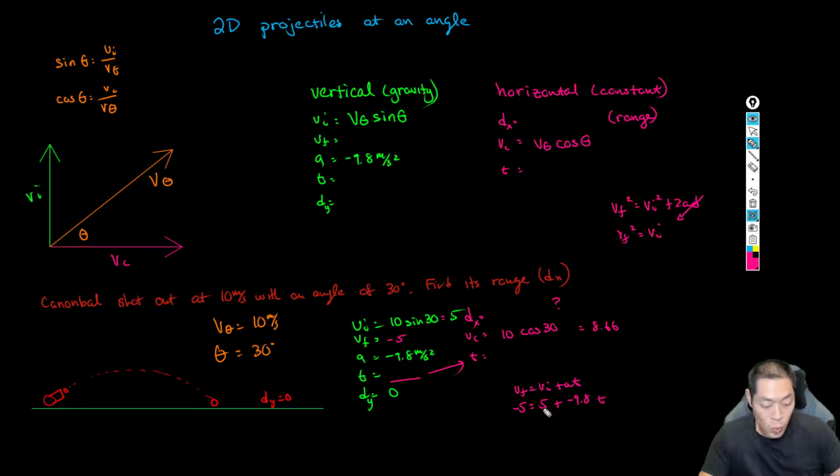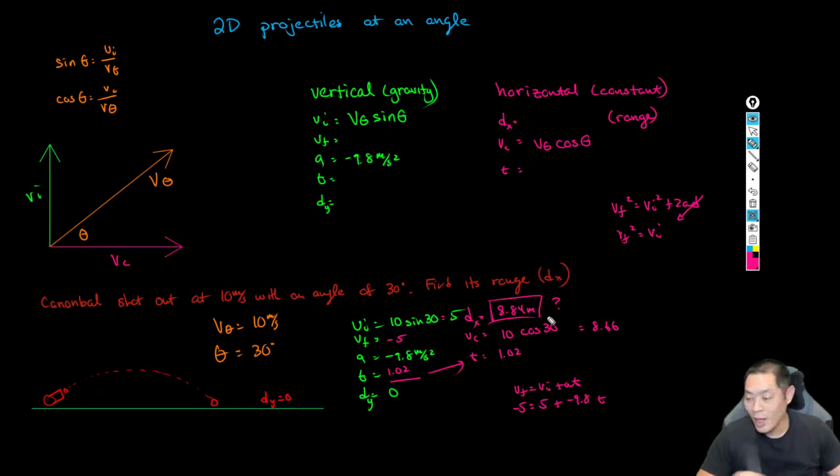So the time here is 1.02. So that means this is also 1.02. So 1.02 times 8.66 will give us 8.84 meters. So that would be our answer right there for how far it goes.